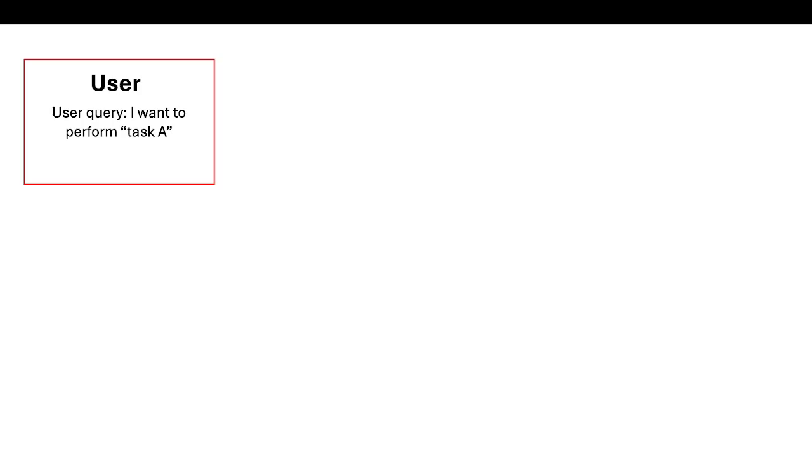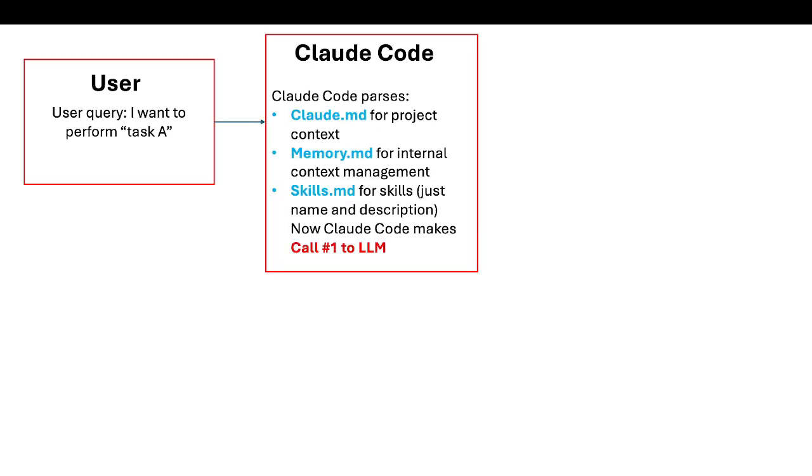So now let's take a quick look at how the Claude Code skill architecture works. So the user goes in the Claude Code CLI or terminal or even a VS Code extension or the Claude Code Cowork UI that is provided and asks a question, hey, I want to perform task A. Now Claude Code, which is an intelligent orchestrator, parses three things.